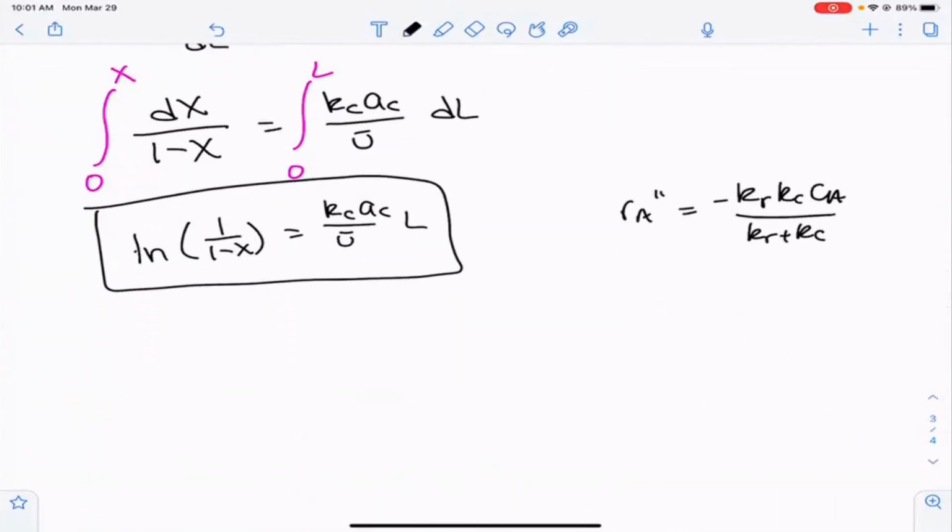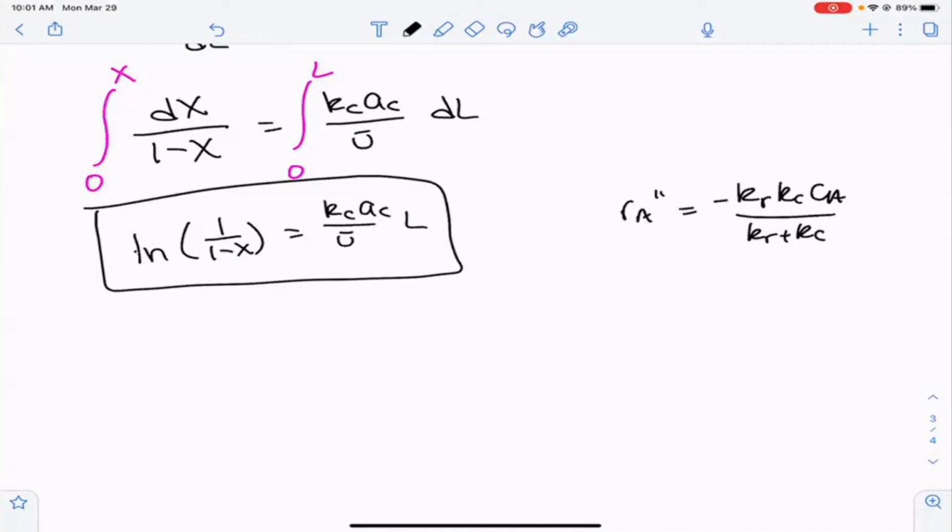But just like I said in the last lecture, things are not always that simple, where you're either kinetically controlled or mass transport controlled. Sometimes the rate constants, KR and KC, will be similar in size.